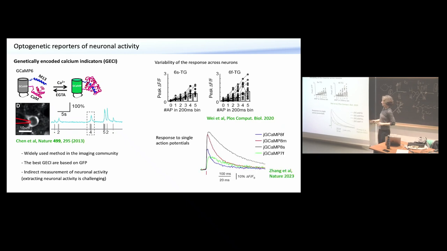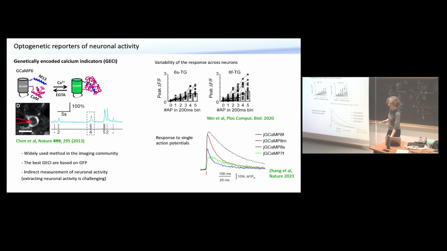And also, if you look here at the response to a single action potential with different calcium dyes, GCaMP8 is the last one that is quite fast, but even so, you can look at the red curve or the blue curve here, it still lasts for several hundred milliseconds, so maybe 100 milliseconds or a bit more. And you know that the action potential is 1 millisecond, so this is way longer than an action potential. So if you have fast bursts, for example, it might be difficult to find them with these techniques.